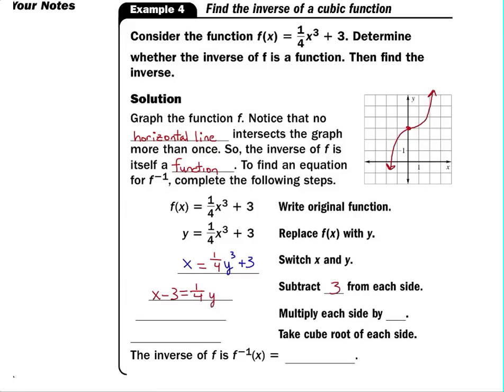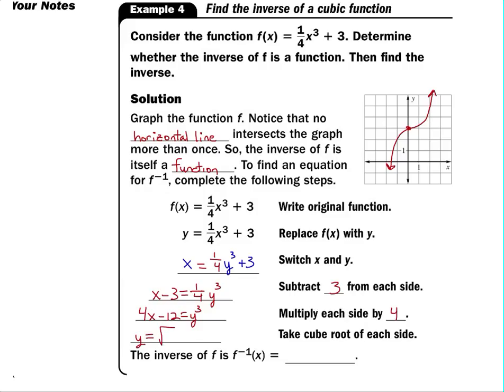And so we end up with x minus 3 equals 1/4 y to the third. And then we'll need to continue solving for y. So we're going to multiply each side by 4. So it's 4x minus 12 equals y to the third. And then it says take the cube root of each side, because we have y to the third and we just want y.